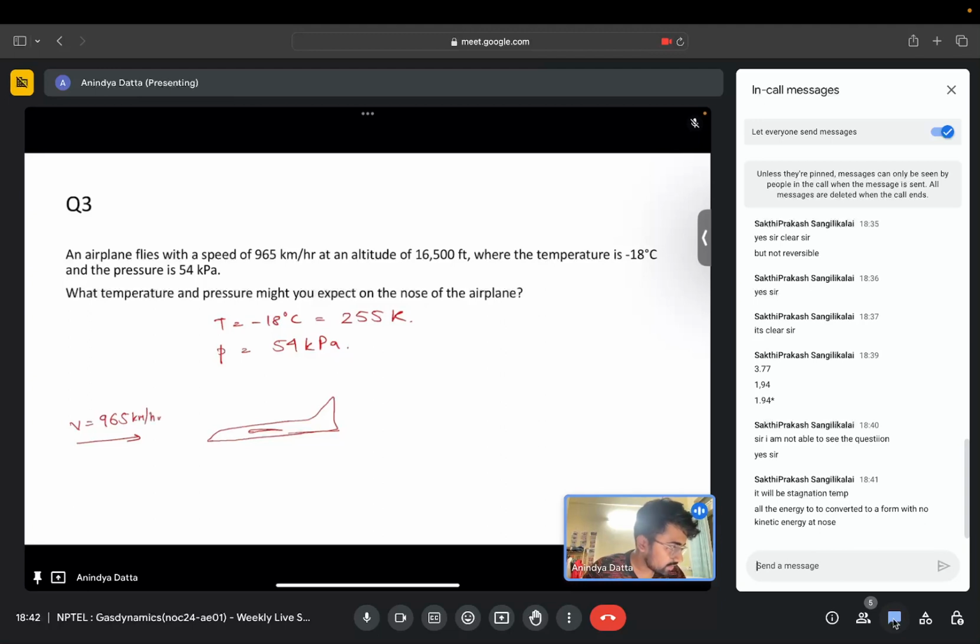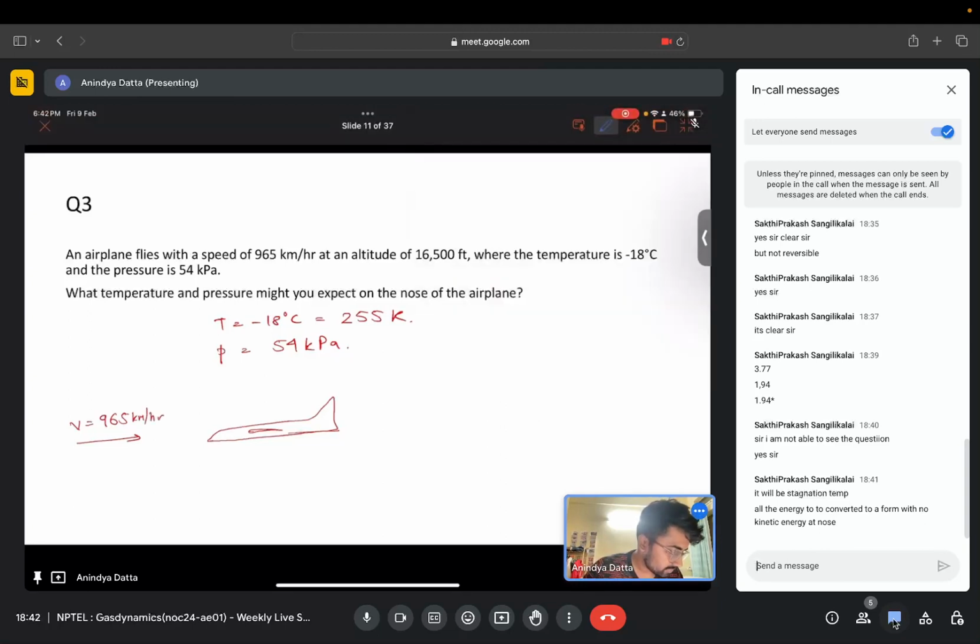We have to find out here at the nose what the temperature and pressure are. So this is basically a stagnation point, because velocity is 0. The flow will be brought to rest just near the nose, so locally the temperature and pressure here will be stagnation values.